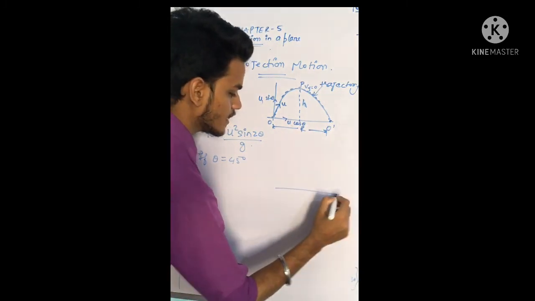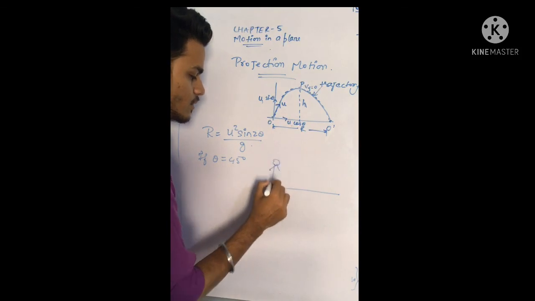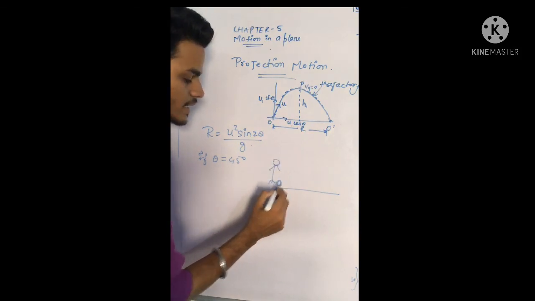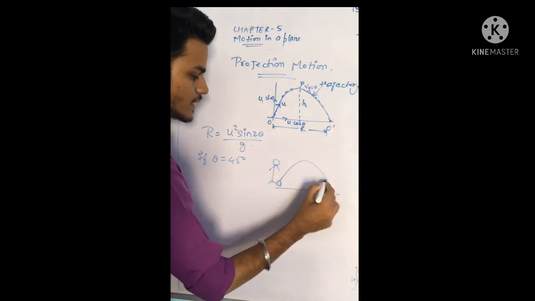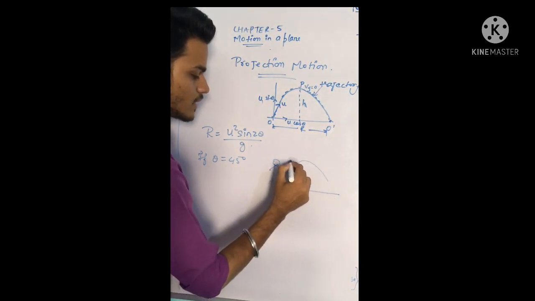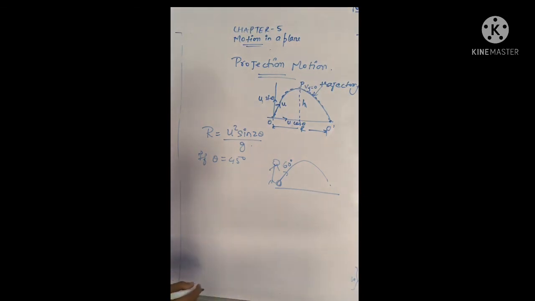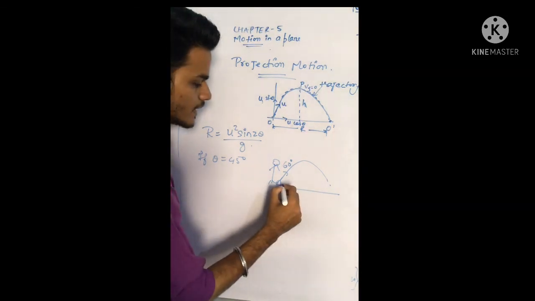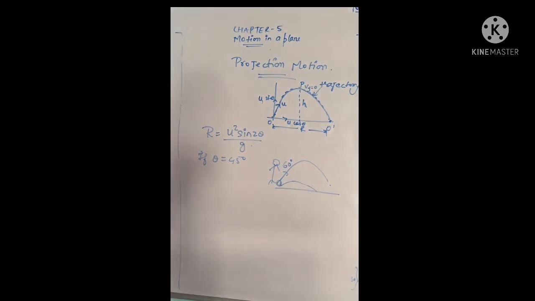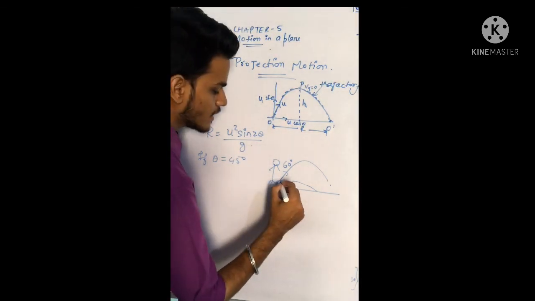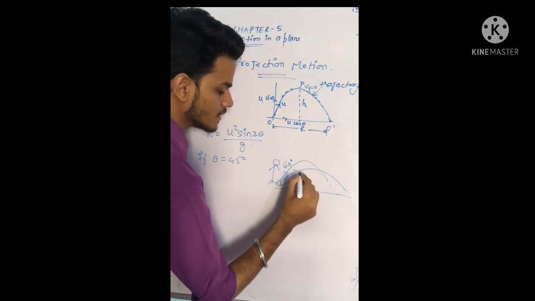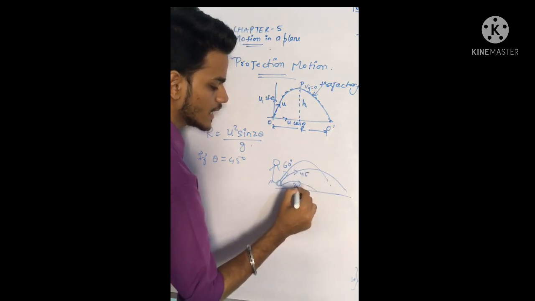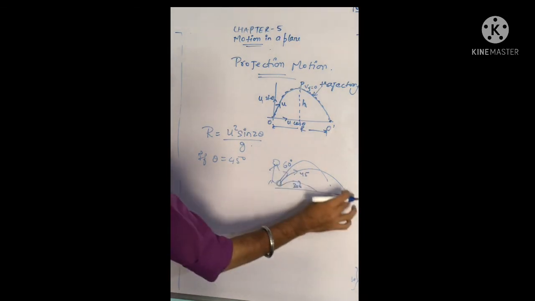For example, if this is a football player, and if he kicks the ball at 60 degree, the ball will go up to here. Now if he kicks the ball at 30 degree, the ball will go up to here. But if the striker hits the ball with the angle of 45 degree, then it will be maximum.